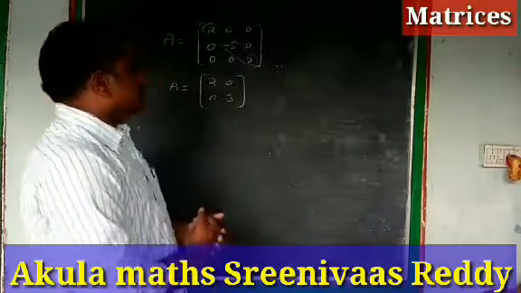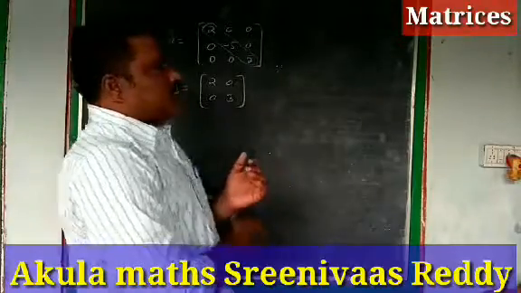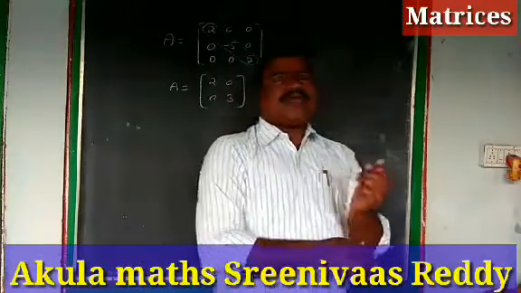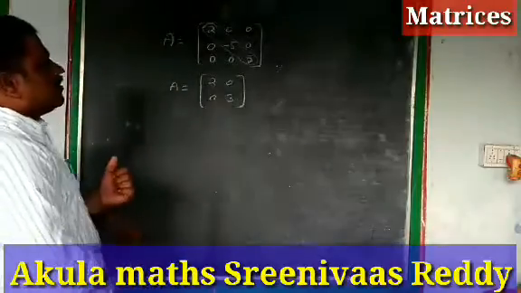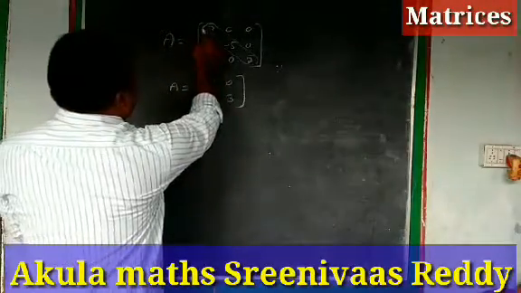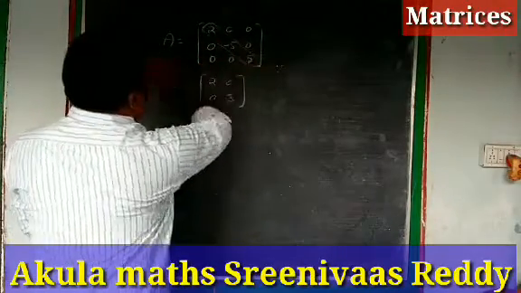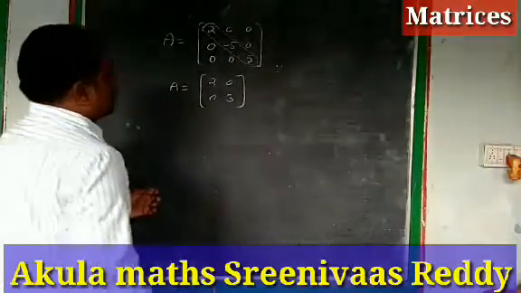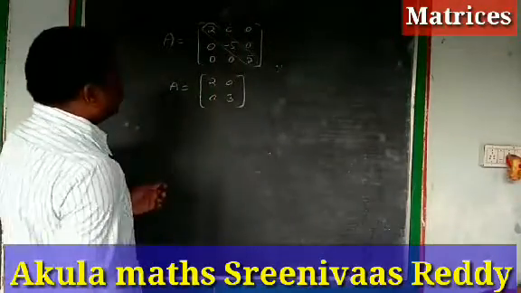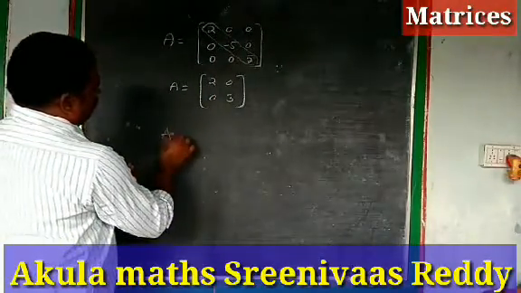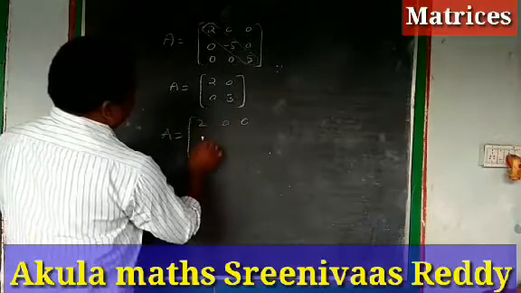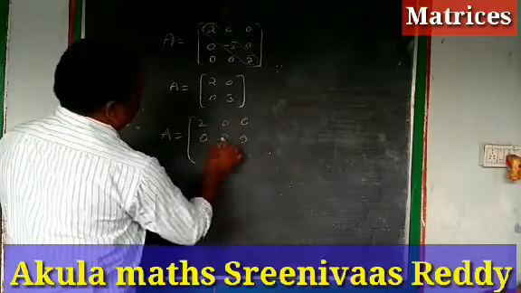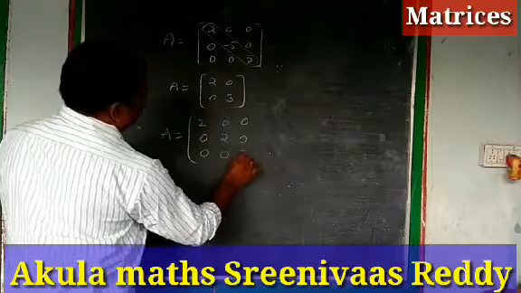Scalar matrix. A diagonal matrix is said to be a scalar matrix if all the principal diagonal elements are the same value and the remaining elements are 0. So, A is equal to 2, 0, 0, 0, 2, 0, 0, 0, 2.